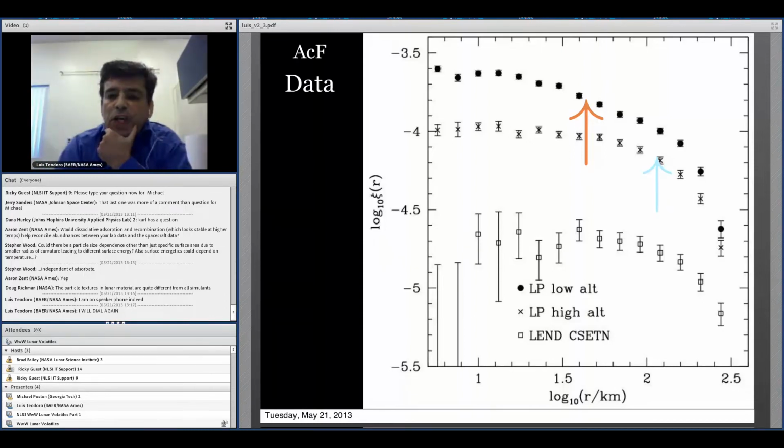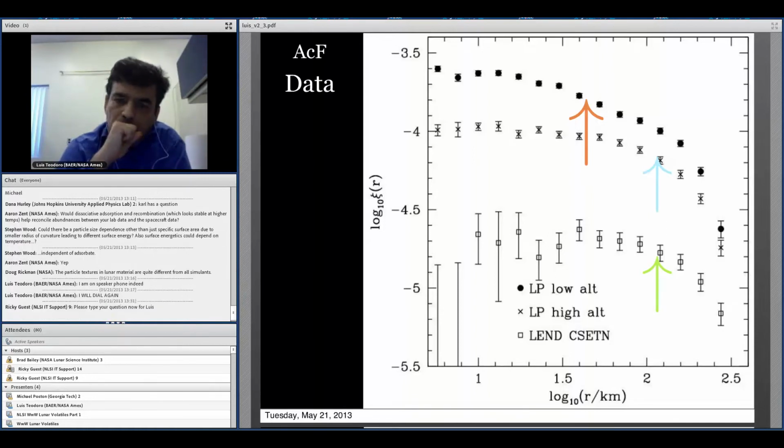So it's fair to say that just out of the shape of the autocorrelation function, it seems that the LAND point spread function looks more like the high altitude lunar prospector than anything else.